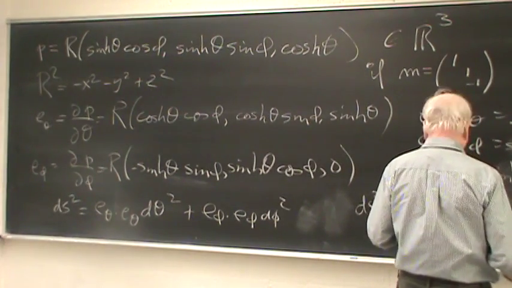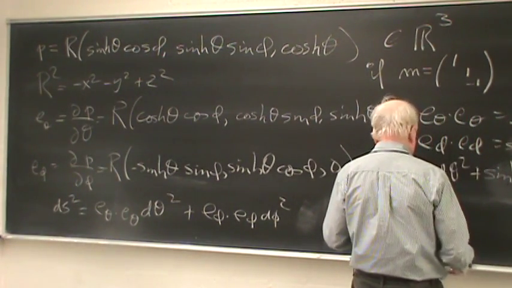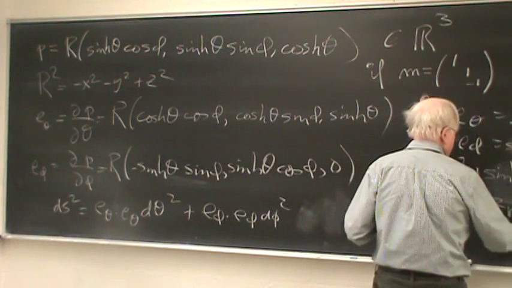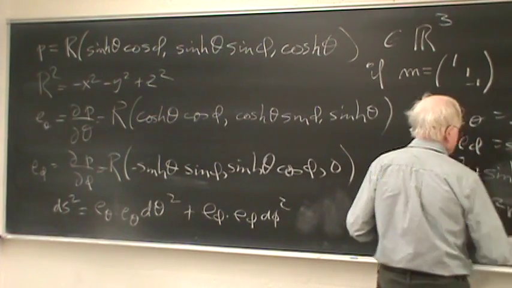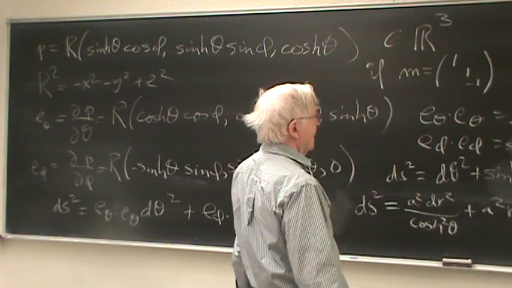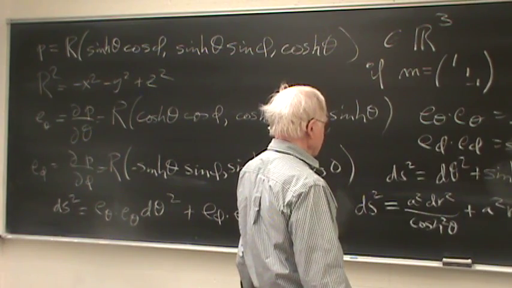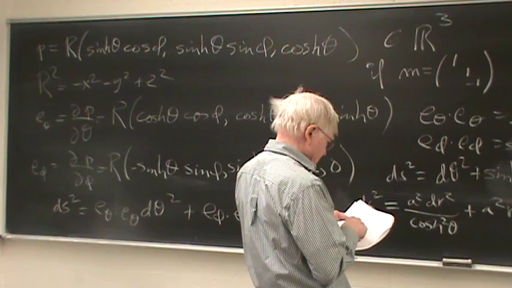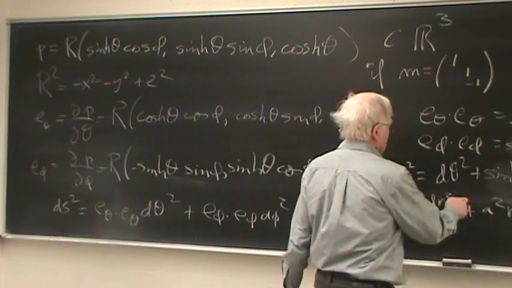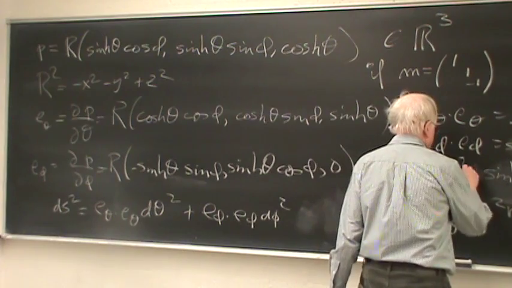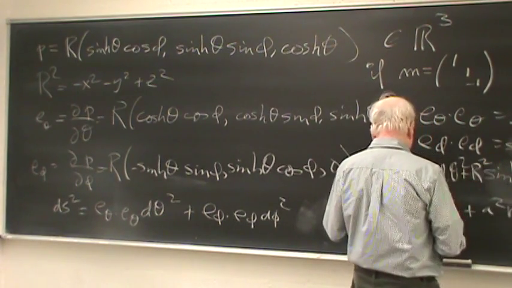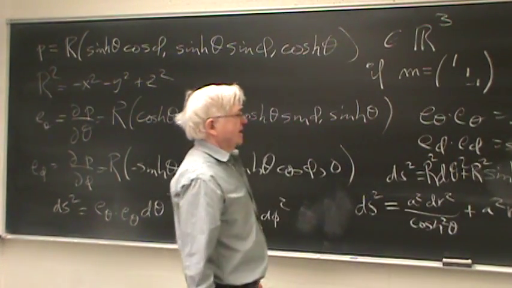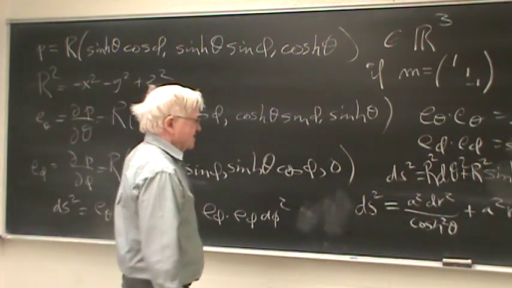And so this is plus A squared r squared d phi squared. I somehow lost an R there. Oh, there was an R squared. I left out an R squared here. And in fact, the d theta squared also has an R squared in it. So I'm screwing this up.